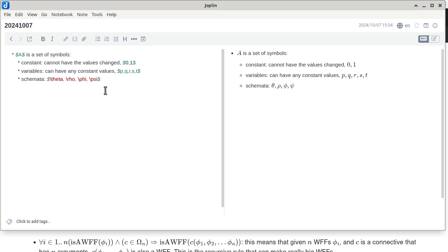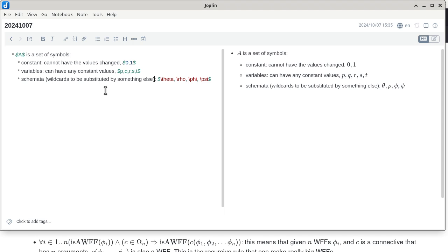So schematas are different. A schemata is a wild card, but I cannot talk about the context of how the wild card is going to be used. So for now, we'll just say that these are wild cards, to be substituted by something else. I know it sounds awfully vague, but at this point, because we are only talking about the symbols, I cannot explain what a schemata is because I cannot quite explain the context in which they are going to be used.